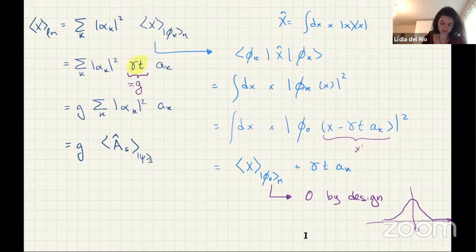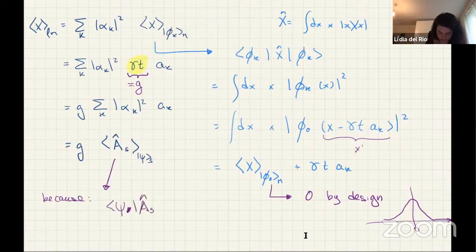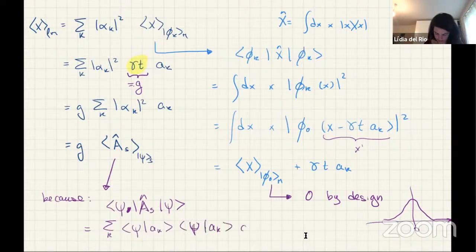And the way to see this again is by seeing that this is the sum over k, psi, alpha k, psi, alpha k, but sorry, this was the wrong way around.